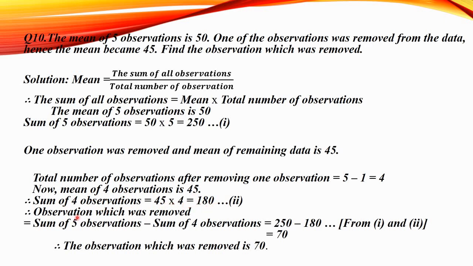To find the observation which was removed, the sum of 5 observations minus the sum of 4 observations will be equal to 250 minus 180, and that is equal to 70, from equations 1 and 2. Therefore, the observation which was removed was 70.